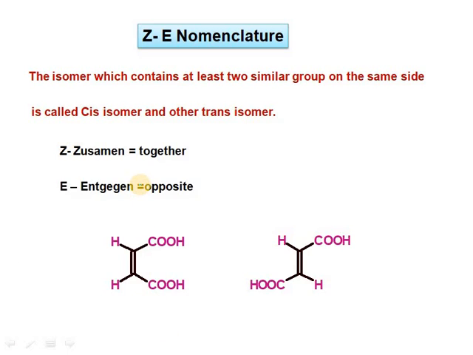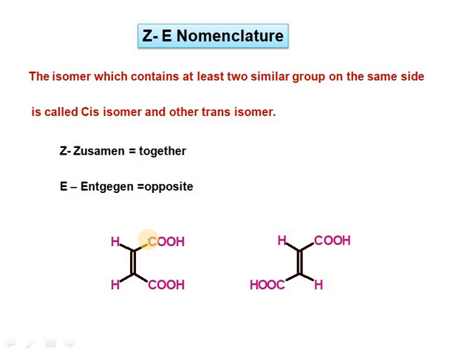Now, the position of the group of higher priority on one carbon atom is compared to the higher priority group attached to the other carbon atom.